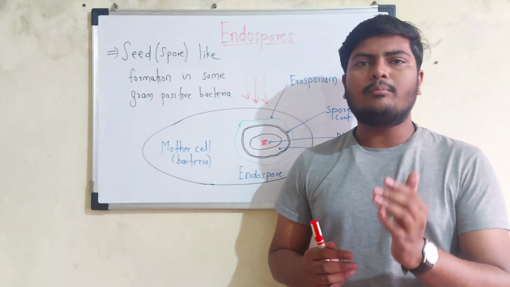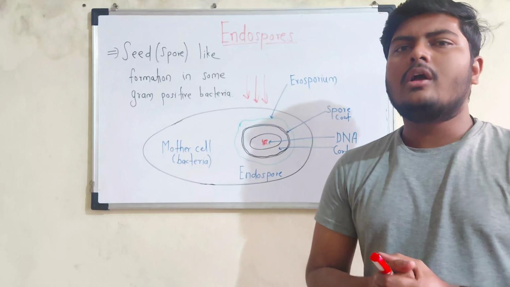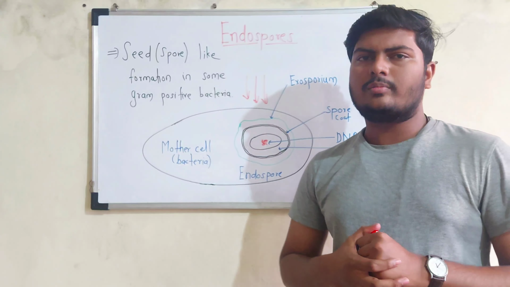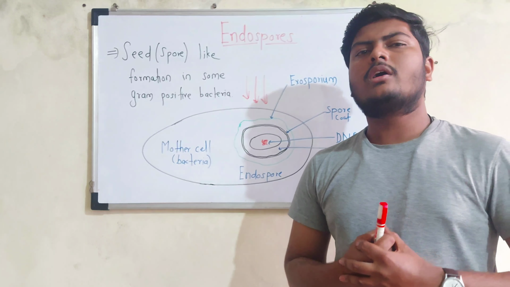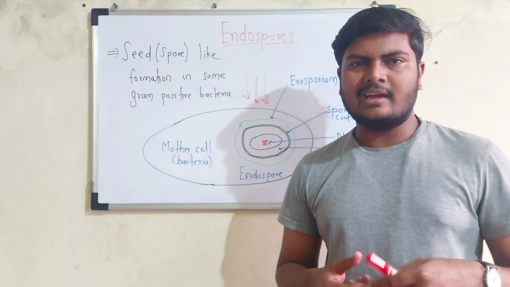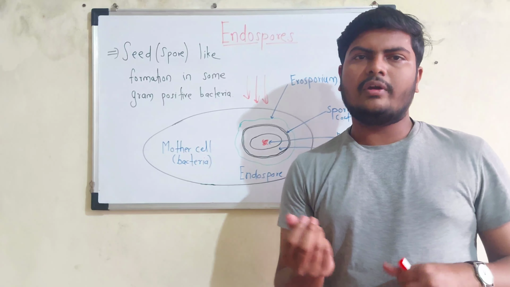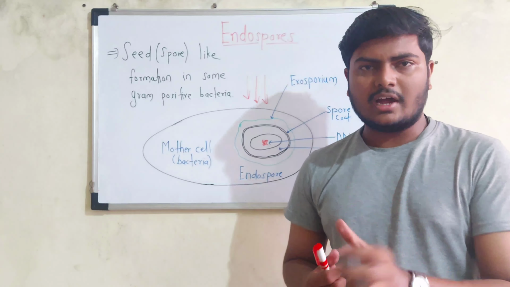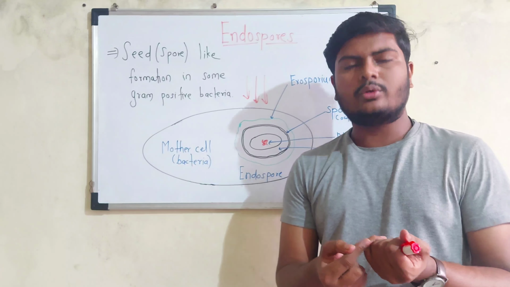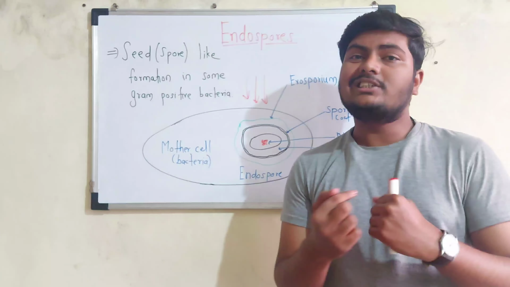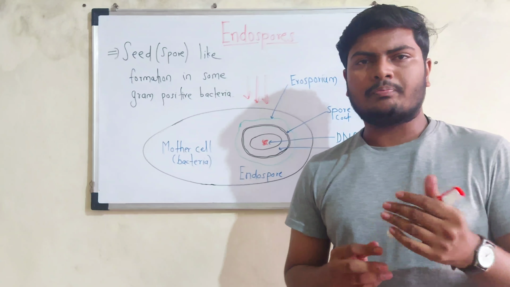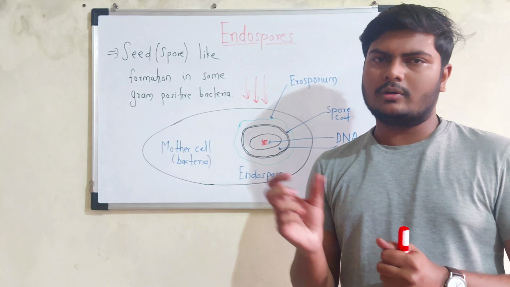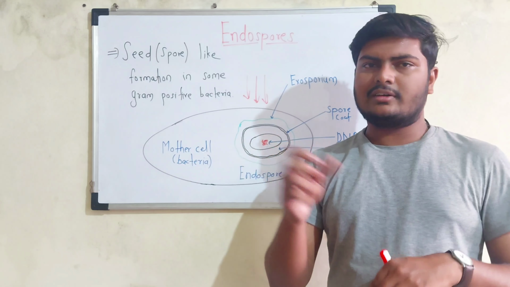There is an example of tetanus, a disease caused by a microorganism. When rusted iron gets injected into our body, or we get injured by that rusted iron, there are spores present on that rusted iron.